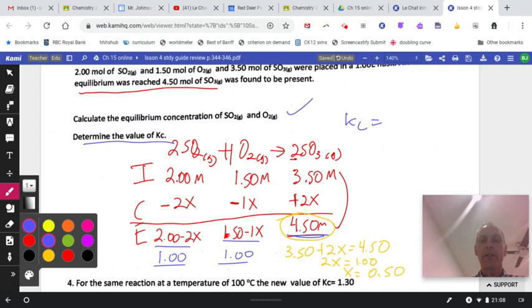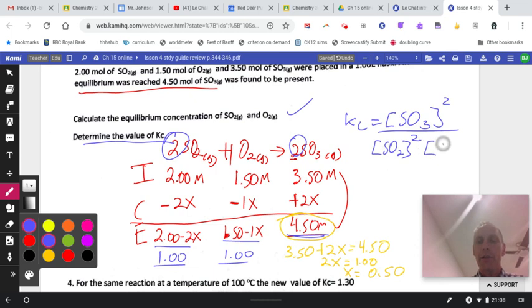Okay, so to figure out the equilibrium constant, we need to write the equilibrium law expression. Products, and that's squared because of that coefficient, over reactants: equilibrium concentration of SO2 squared, and equilibrium concentration of oxygen. And we have all 3 of those equilibrium concentrations.